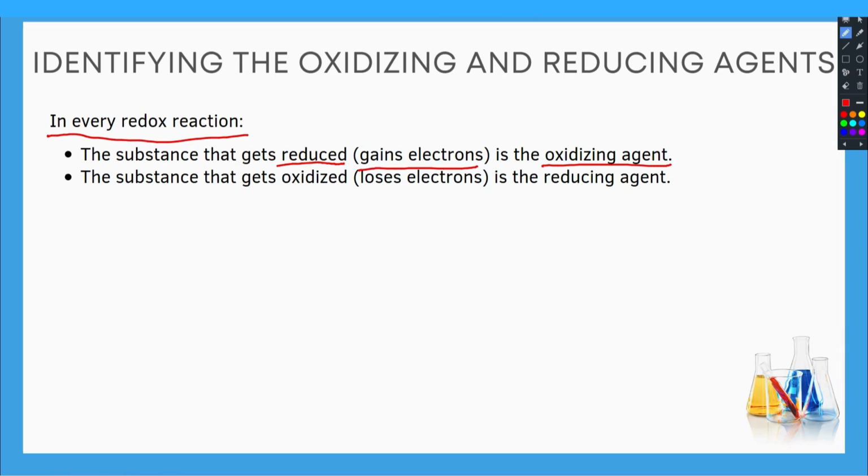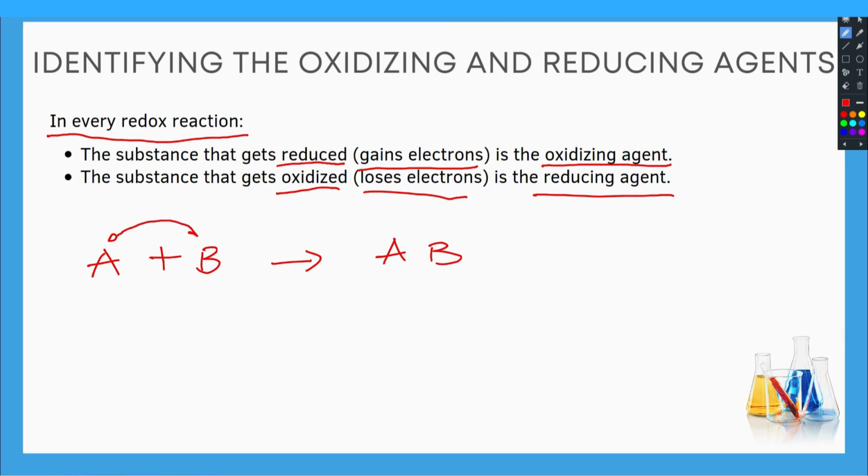The substance that gets oxidized loses electrons and is the reducing agent. For example, if you have two elements, A plus B, undergoing a chemical reaction to produce AB. Now, let us say A here loses electrons. It loses electrons and gives it to B.